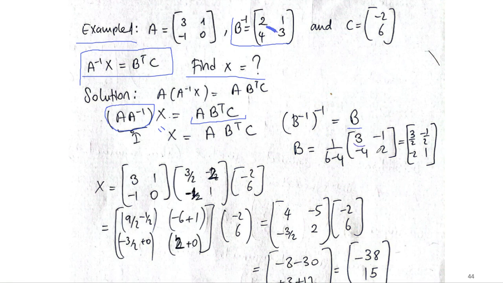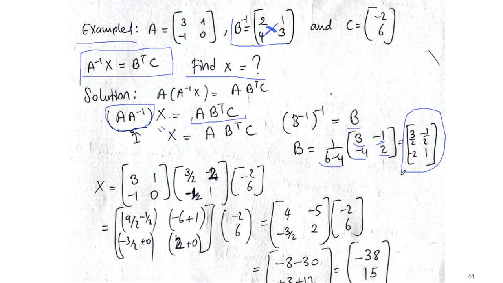So we have 3, 2, and then we put a minus sign in front of the cross diagonal terms, minus 4 and minus 1, and then divide by the determinant of B. So we find matrix B by doing this calculation.